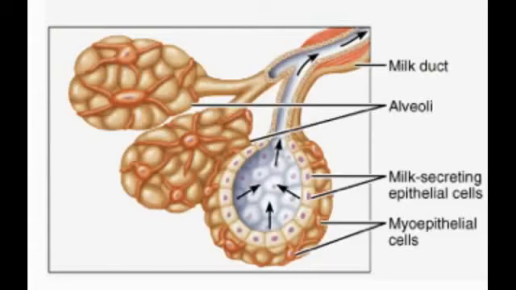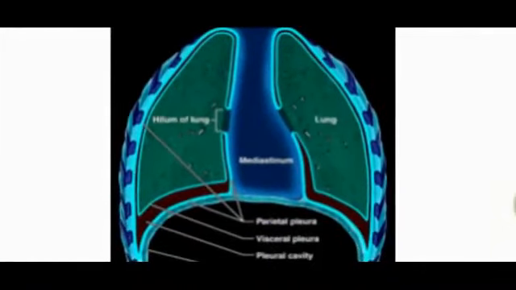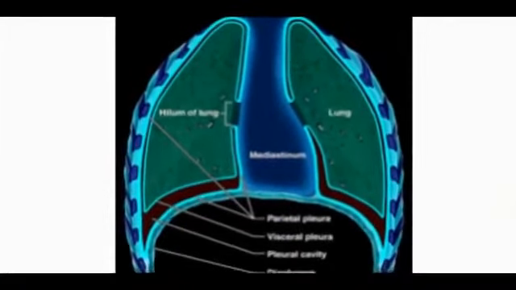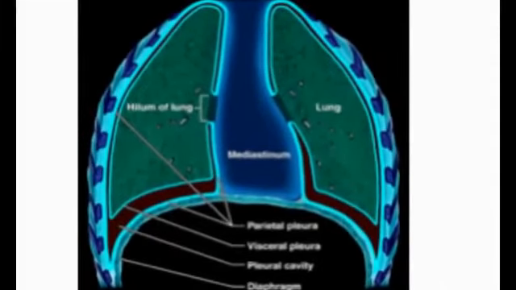On the left side of the slide, you see that the shape of the duct system is actually like a tree with branches and leaves. In the place of leaves is your alveolar system. In the middle are all the internal organs that we have inside our rib cage.